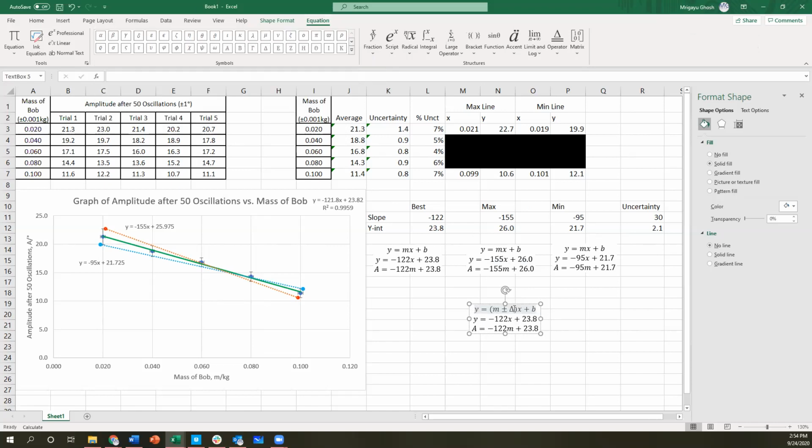We need the capital delta. That means y equals -122 plus minus 30 x plus 23.8 plus minus 2.1. And then the amplitude is equal to the same thing. I can just copy and paste this.